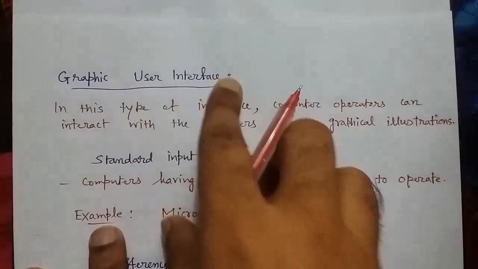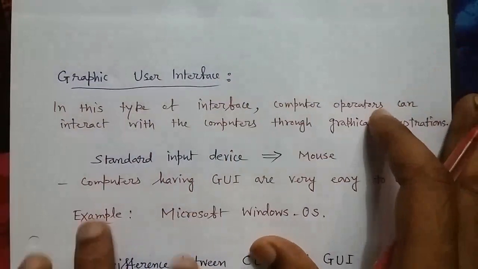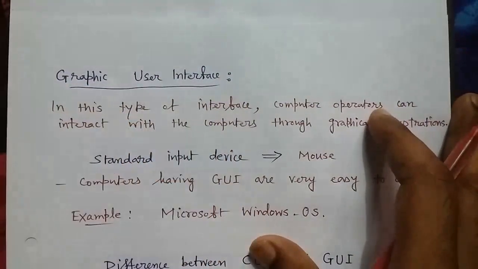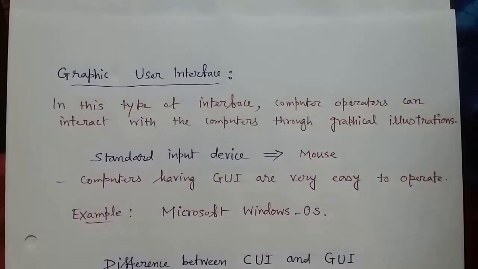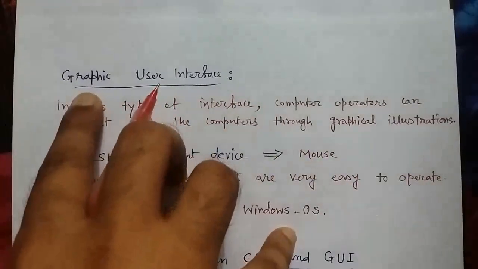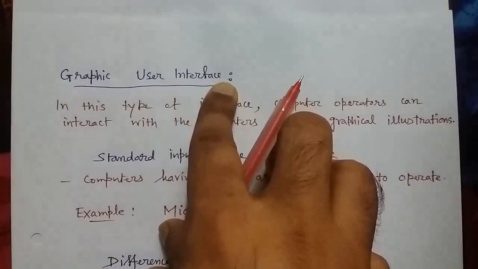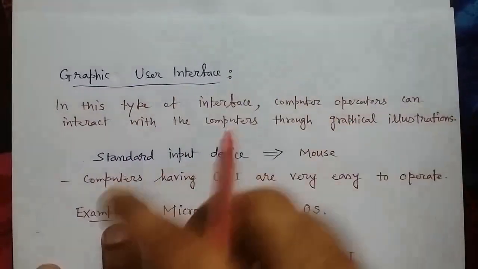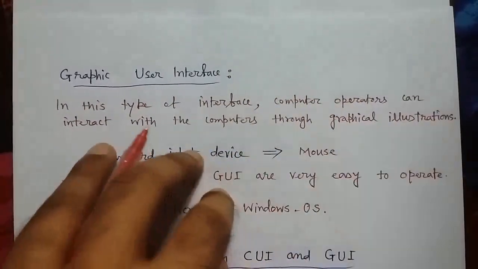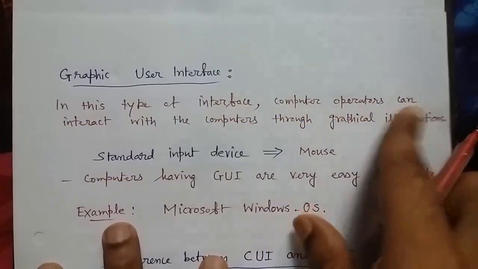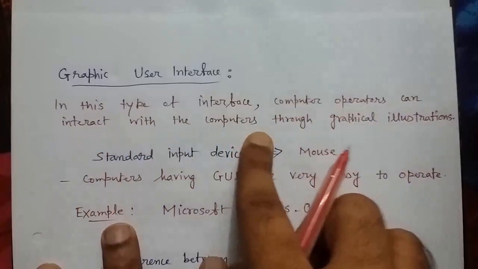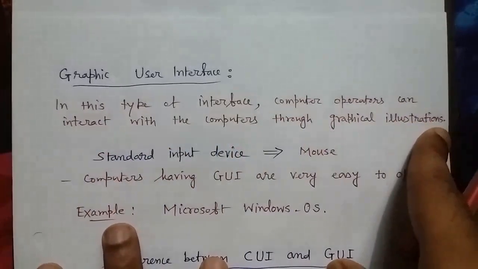Now graphic user interface. As computers having CUI were very hard to operate, CUI gradually became outdated and was replaced by graphic user interface. So the definition is, in this type of interface computer operators can interact with the computers through graphical illustrations.